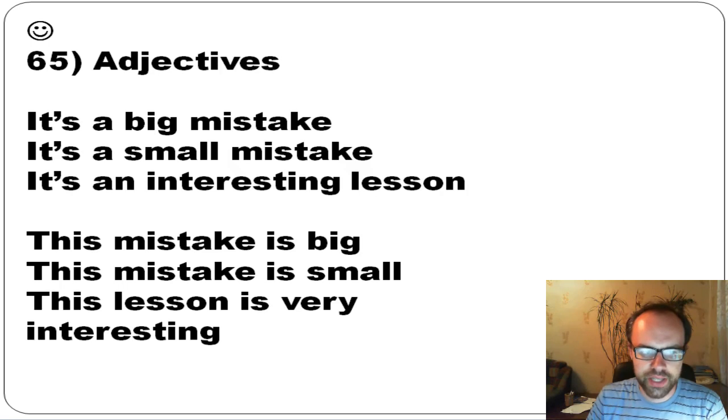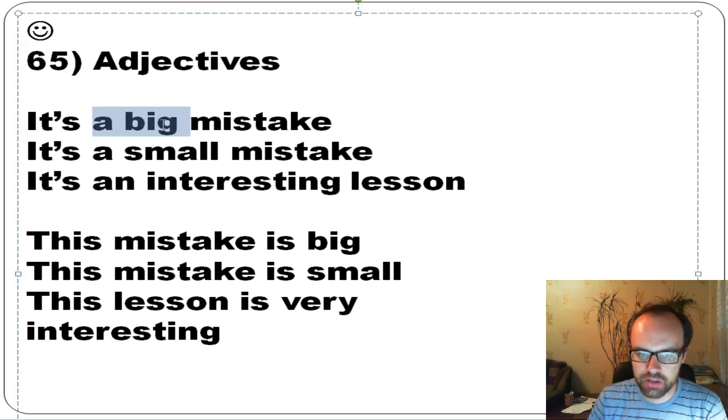Well, let's talk about adjectives in a sentence. Yeah? So, you know that we use an article, an adjective, and a noun. A big mistake. Let's look at some examples, how we use it in different sentences. It's a big mistake. It's a small mistake. It's an interesting lesson.